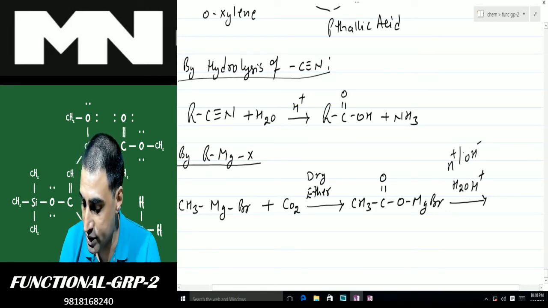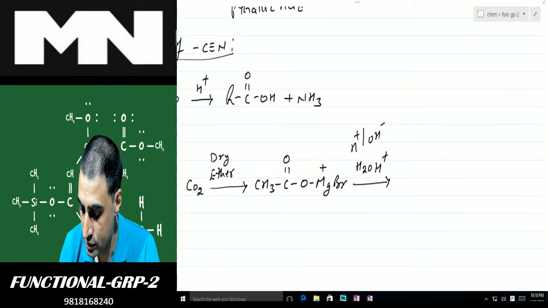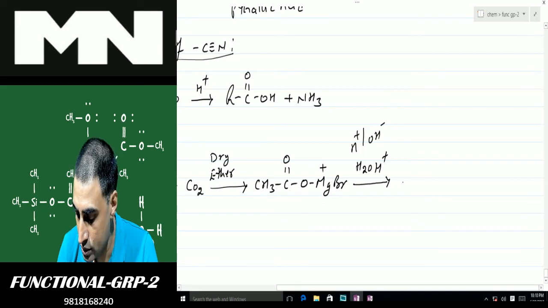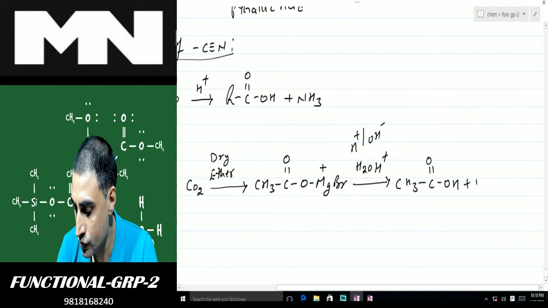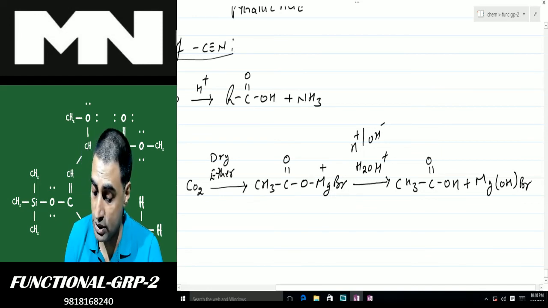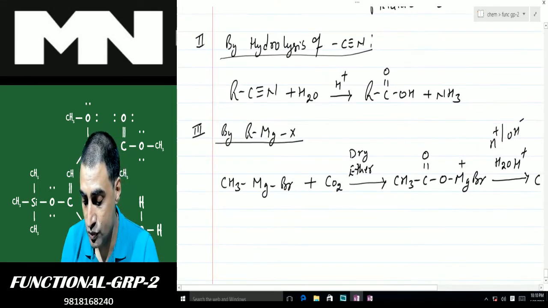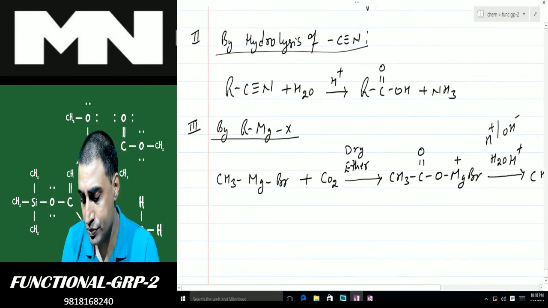The H positive will substitute Mg positive. I will get compound CH3COOH. The OH negative will combine with magnesium and come out as Mg(OH)Br. So this is how this reaction will proceed.